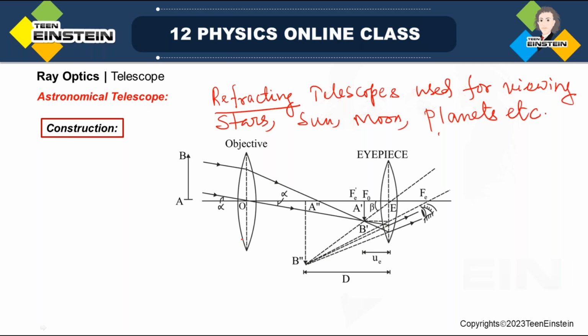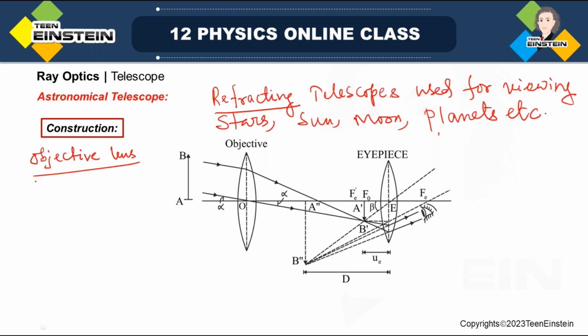See, one is acting as the objective lens, which is facing the object. This is the distant object. So the objective has larger focal length. Both are convex lenses only.